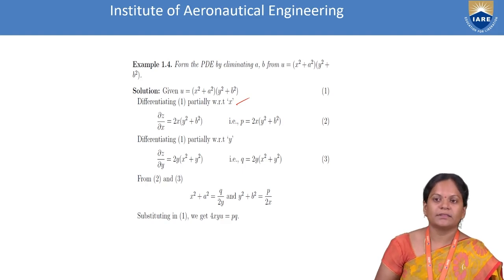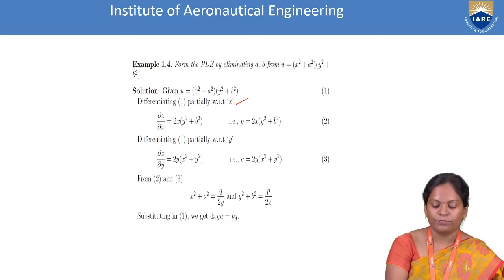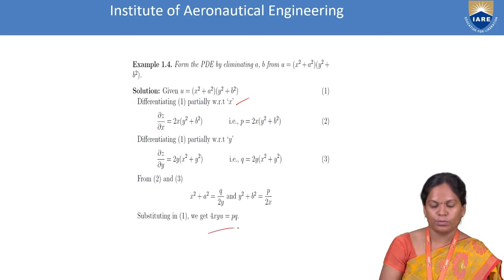So from 2 and 3 eliminate those a and b arbitrary constants. So I am replacing x square plus a square as q by 2y and y square plus b square as p by 2x in the given equation. Then we'll get 4xyu equal to p into q. What is p and q here?